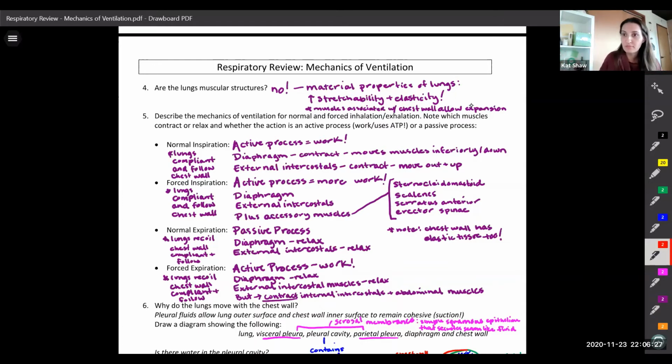And this is opening up the volume of the lungs, the intra-alveolar space, dropping the pressure below atmospheric pressure, such that now we have a pressure gradient that allows for air to flow in. Right? We think of this almost as pulling air into the lungs upon inhalation and then pushing air out upon exhalation.